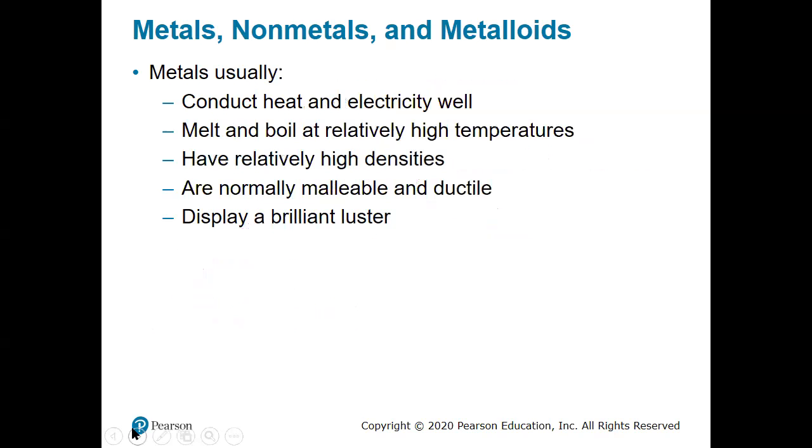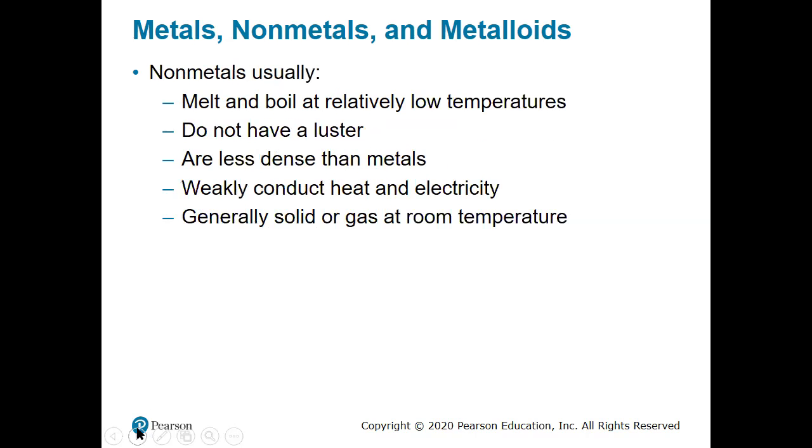We can contrast this by looking at nonmetals. Nonmetals are more or less the opposite. They melt and boil at relatively low temperatures. So for the most part, they are gases, solids, and liquids.